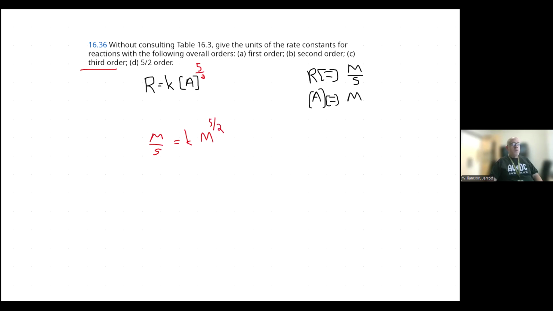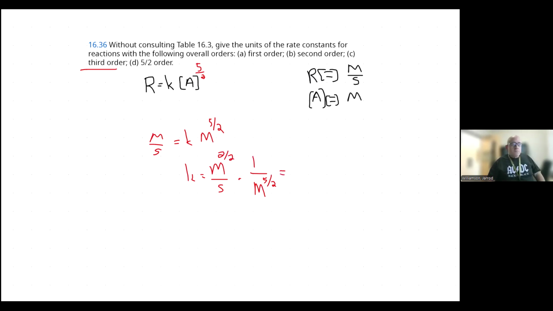K will be molarity per second times 1 over molarity to the 5/2, right? And this is molarity to the 2/2, right?